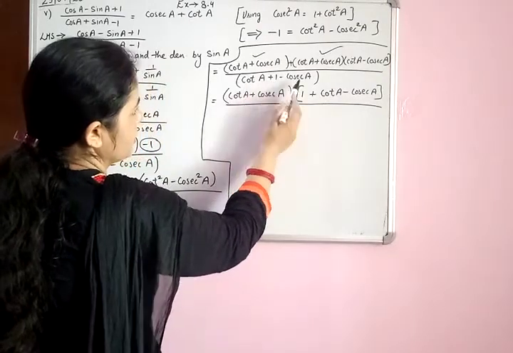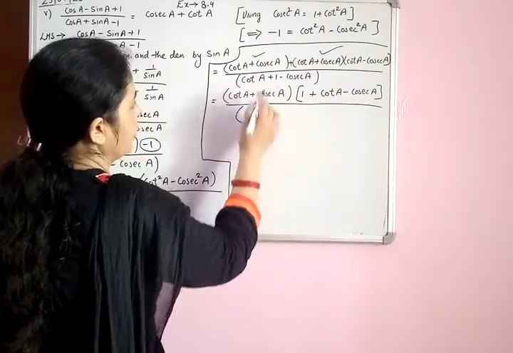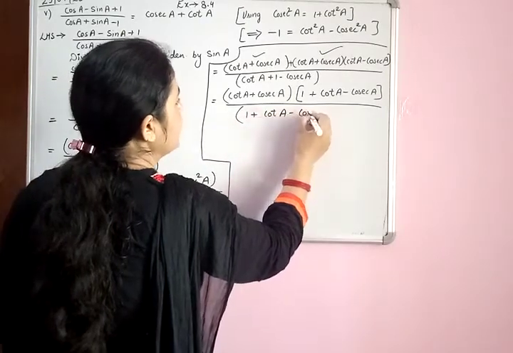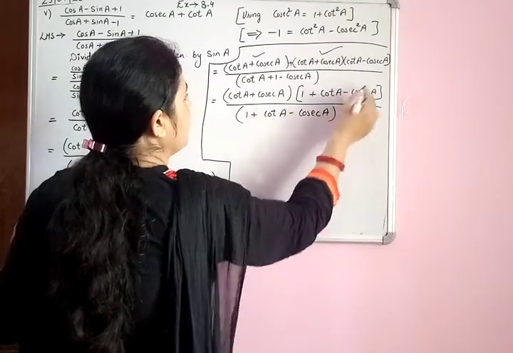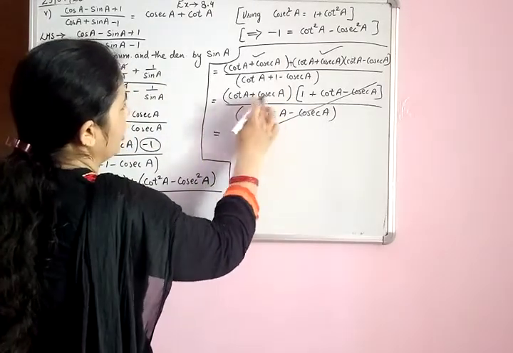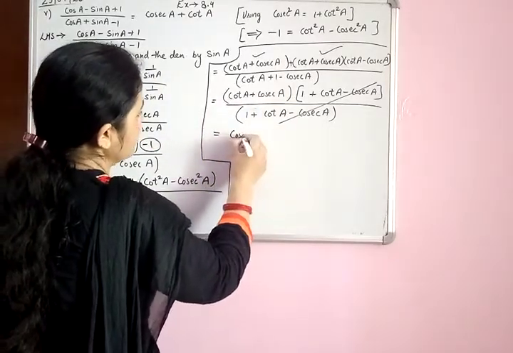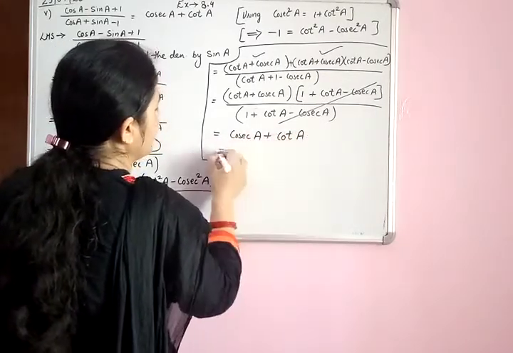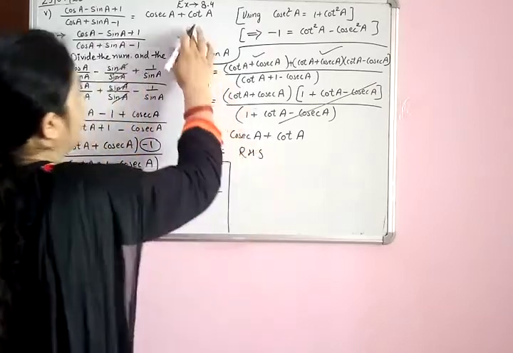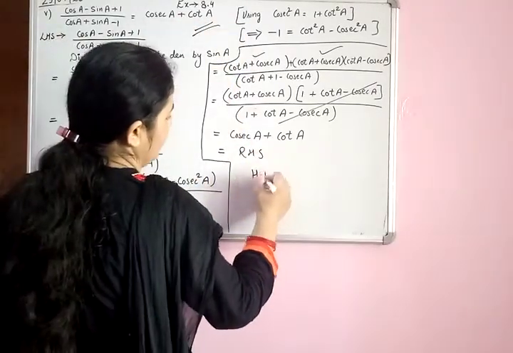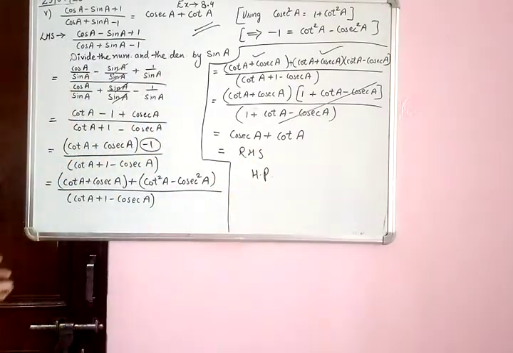Since both are exactly the same, I can arrange the denominator as 1 plus cot a minus cosec a. Now 1 plus cot a minus cosec a cancels, so it is equal to cot a plus cosec a, and we can write it as cosec a plus cot a, which is equal to the right-hand side. So hence true. Clear?